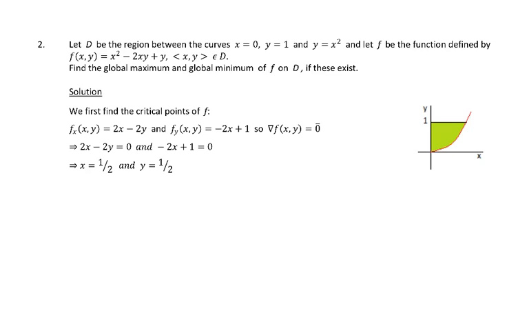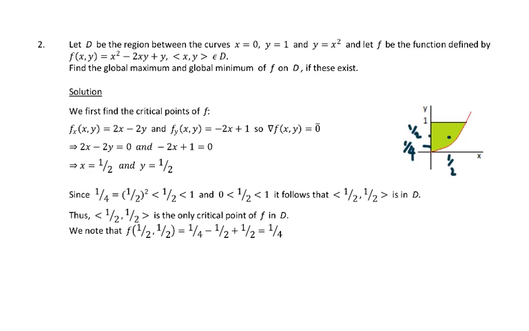For that, we calculate the first order derivatives of the function so that we can find the gradient. We then look for the points where the gradient equals the 0 vector. As you can see, that turns out to be when x is equal to a half and y is equal to a half. We need to check that the point (1/2, 1/2) is indeed in D. For that, we can see that if you look at the x direction, a half lies between 0 and 1, so there is no problem there.